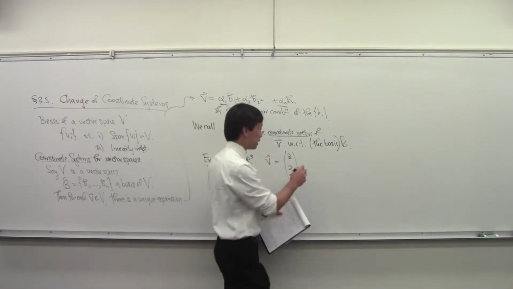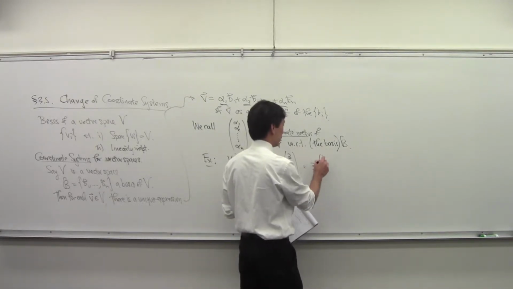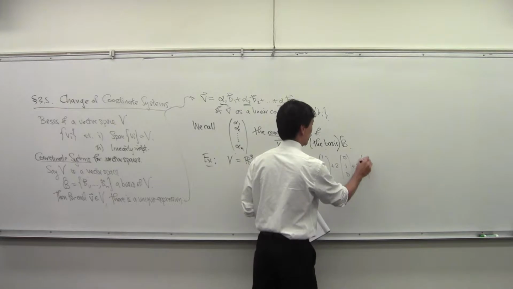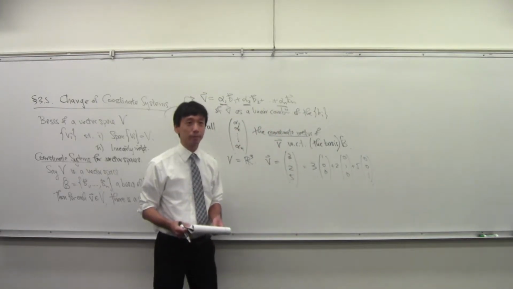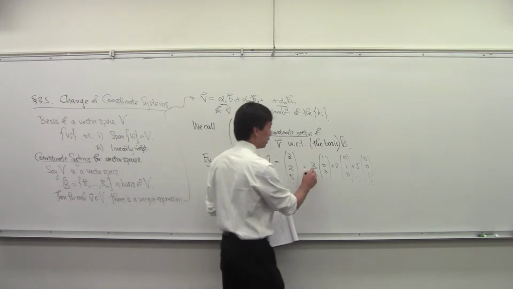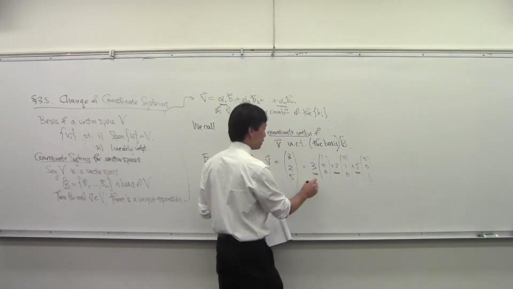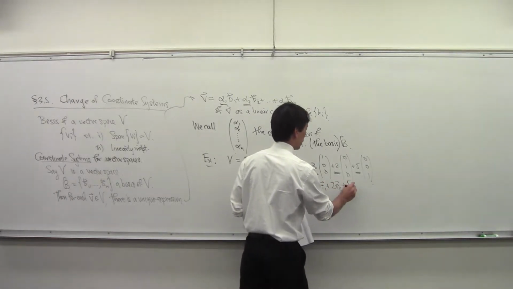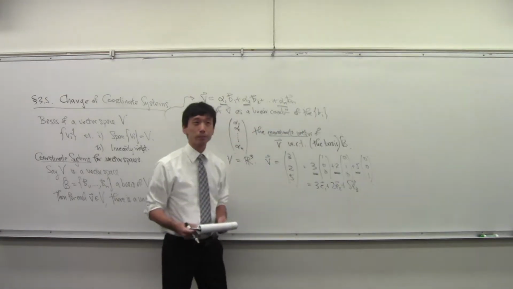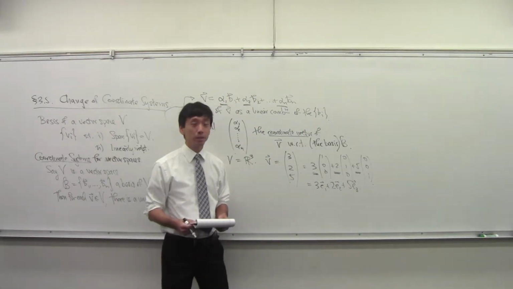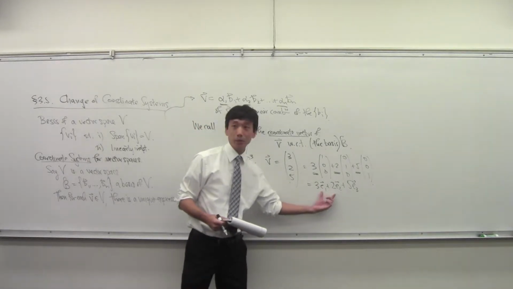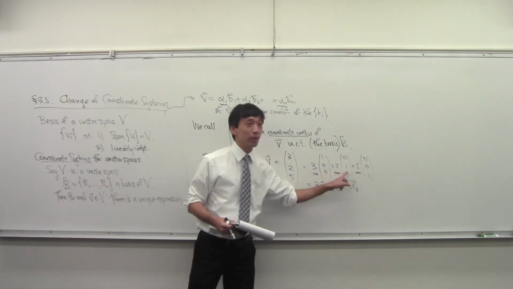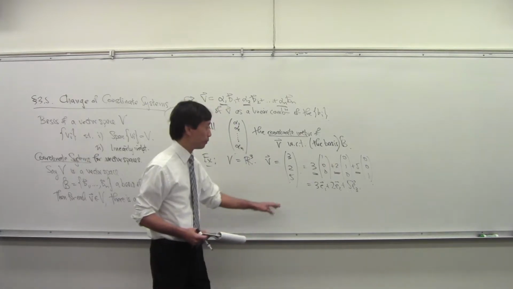This means that it's 3 of 1, 0, 0 plus 2 of 0, 1, 0 plus 5 of 0, 0, 1. In other words, 3 of E1 plus 2 of E2 plus 5 of E3. You've all seen in the book this notation E1, E2, E3. These E's I use for the standard basis vectors.